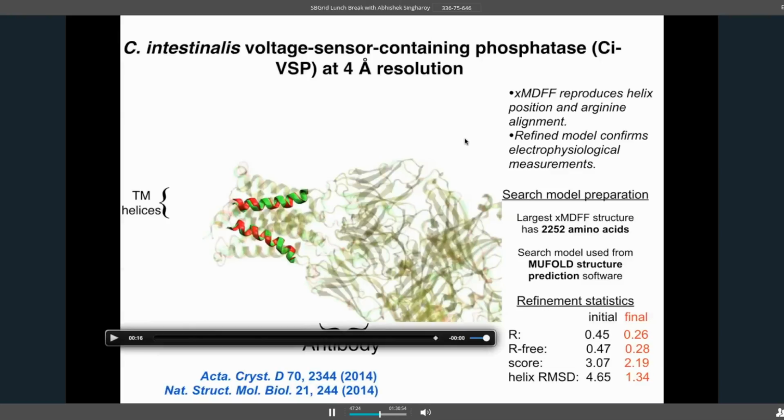And then finally, the placement of these helices is very important because it's a voltage sensor domain, and you really need to know where the helices are. If they are either one turn low or one turn up, then it's a different functional state altogether.